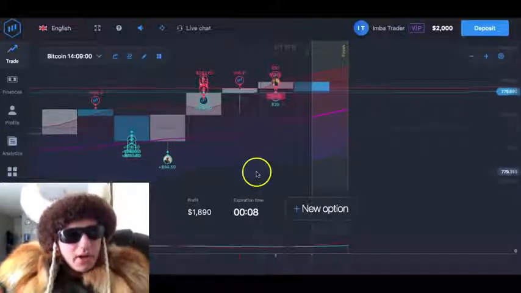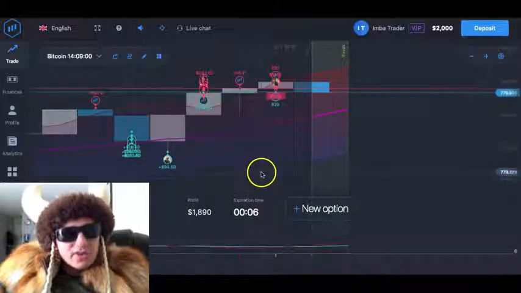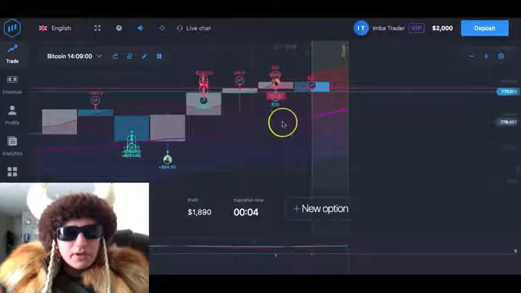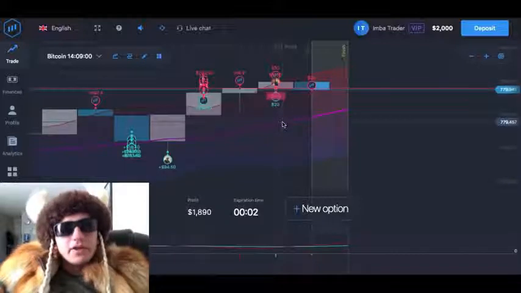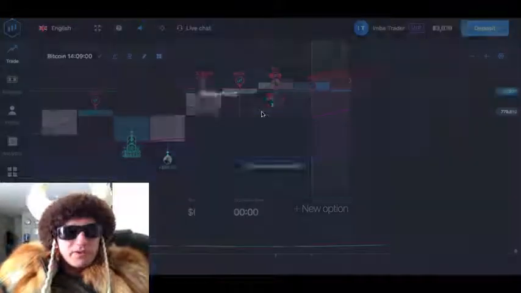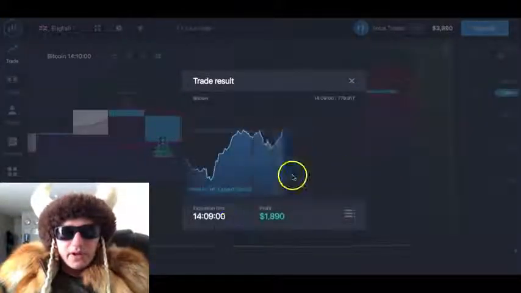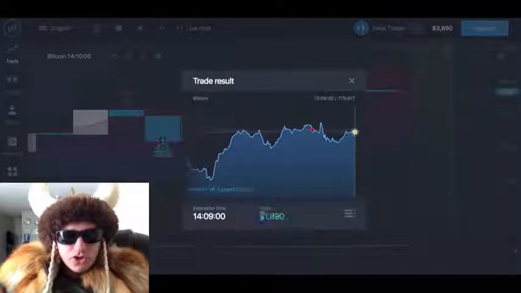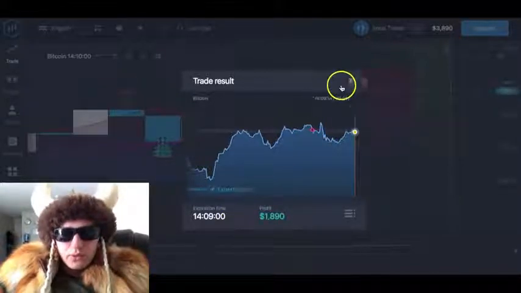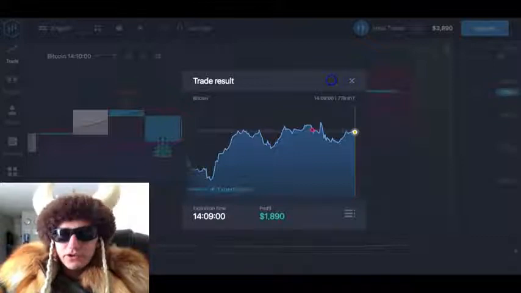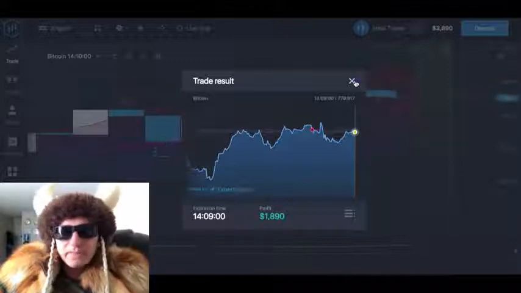At the moment when it crosses the lower line, it is a good sign that we need to proceed with the call stake. And just like I told you, it was a really good binary options signal for us to proceed with the put stake.